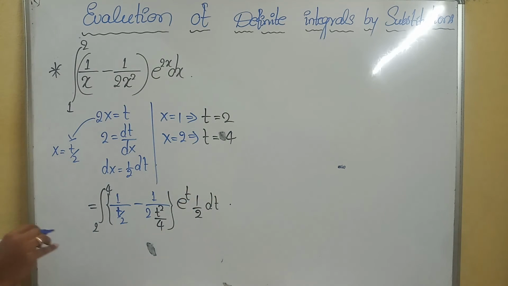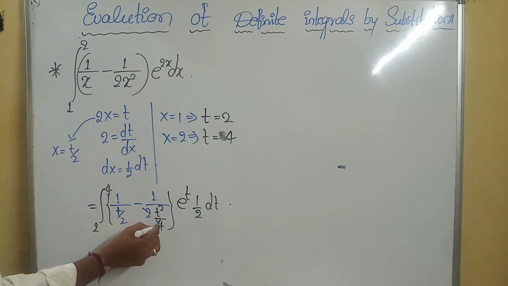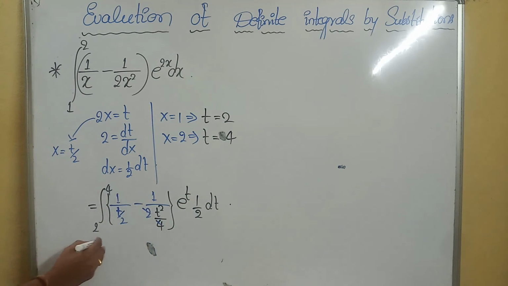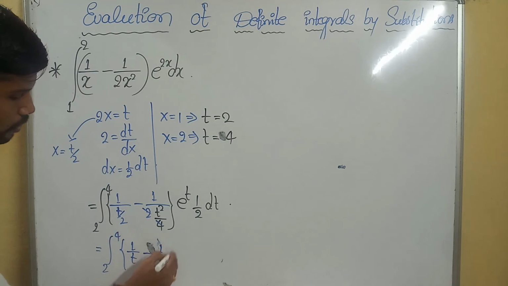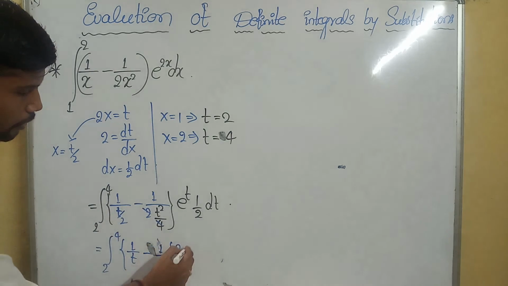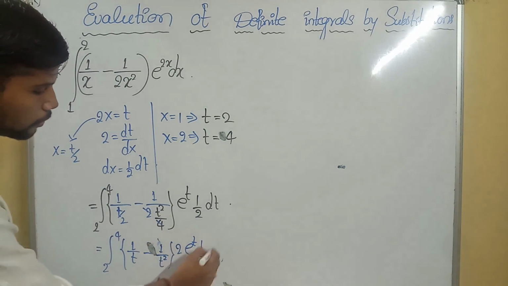Now how I have to write the value? 2, 4 cancel. It is having a denominator as 2. Concentrate. It will be 2 to 4. I'd like to take that denominator 2 to the numerator. It will be 1 divided by t in the numerator, minus 1 divided by t square, in the numerator 2 will be there, that will be outside. e to the power t, 1 by 2 dt.